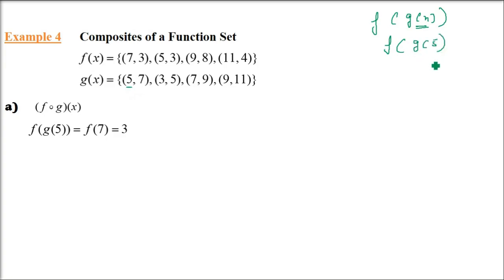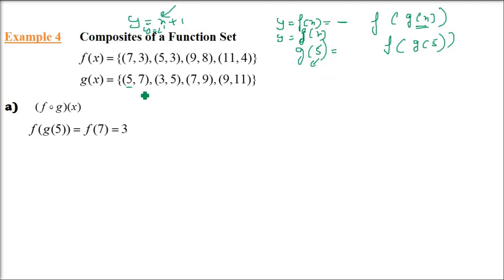So g(5) you have to take in place of x. But what is the value of g(5)? In this 5 comma 7, if you say the ordered pair, you can write x comma g(x), or x comma y. y is g(5) only. So when you put 5 inside g, you will get 7. Because if you put, say, y equals x plus 1, and you put x as 1, y will be 2.